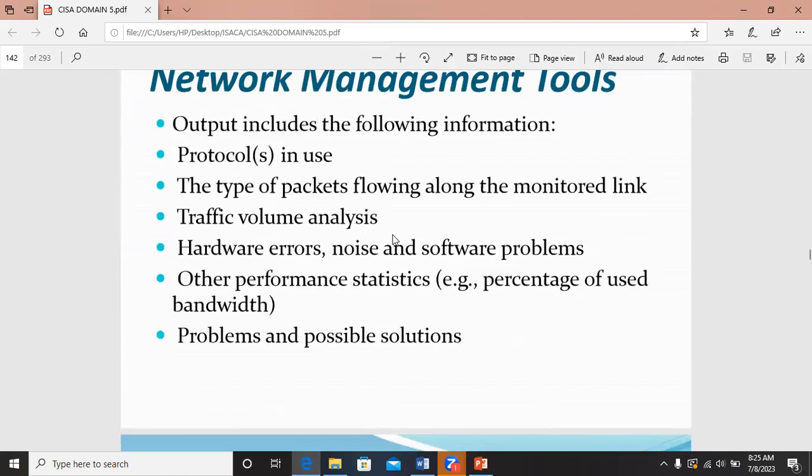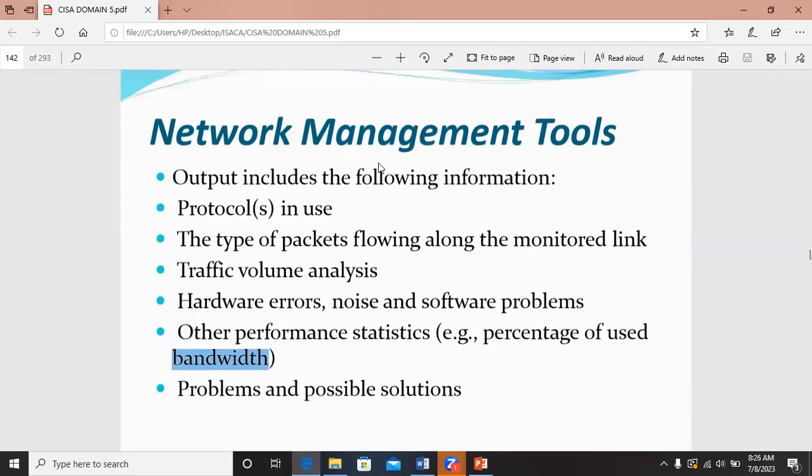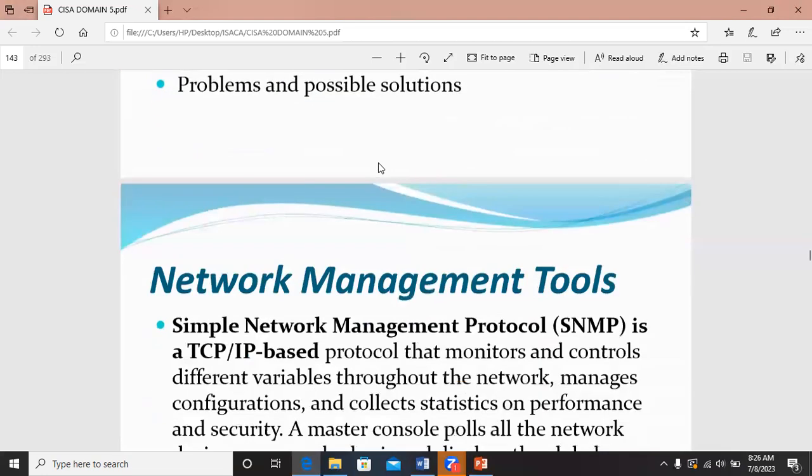Traffic volume analysis is very important. This can alert you if you are going to have a denial of service attack. The traffic is just surging, you have to investigate it. Where is the surge coming from? All right, hardware errors, percentage of bandwidth use, problems, possible solutions, you can get all this from network management tools.